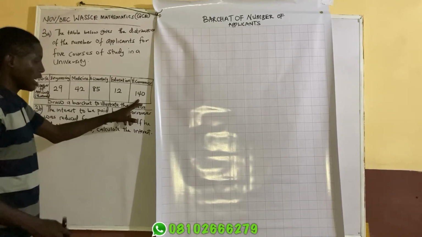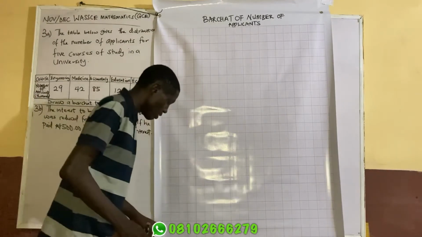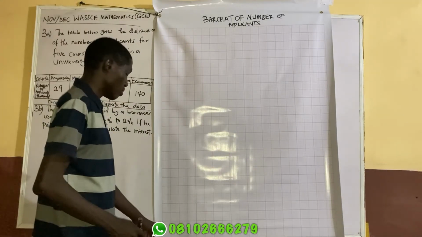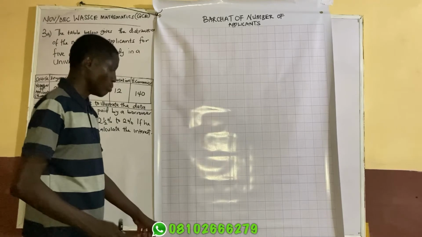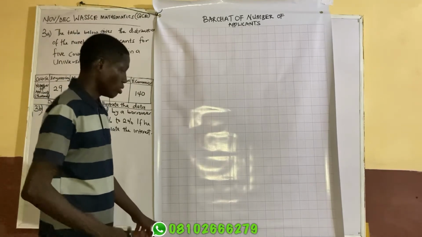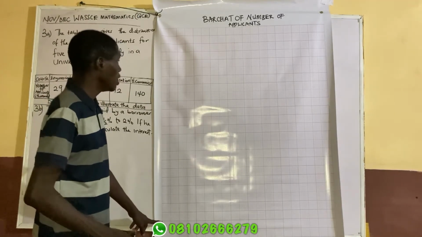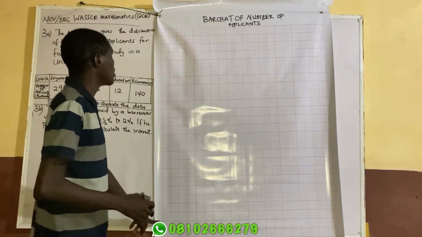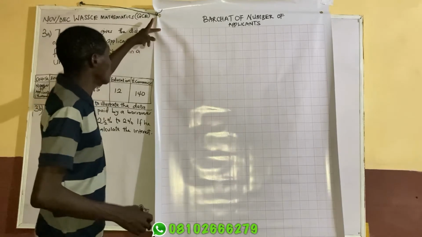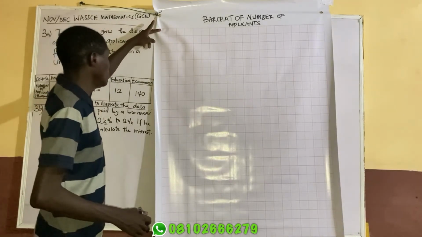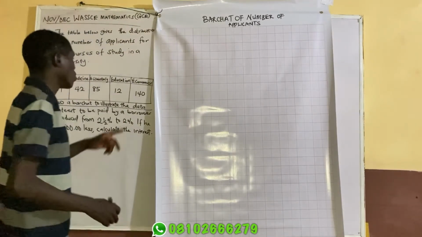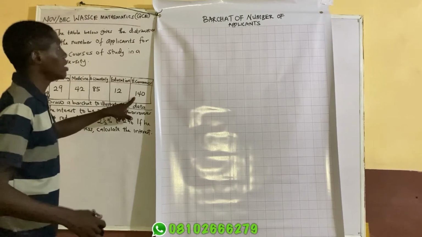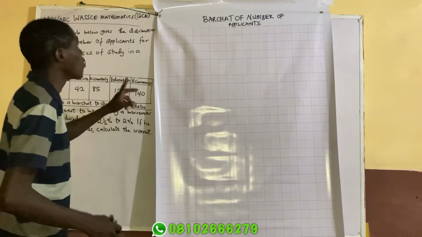So it is better that my 0 point starts from here, and I must choose a reasonable scale that will enable me to get 140 easily. So I would like to choose 2 centimeters to represent 20 units on my y-axis.